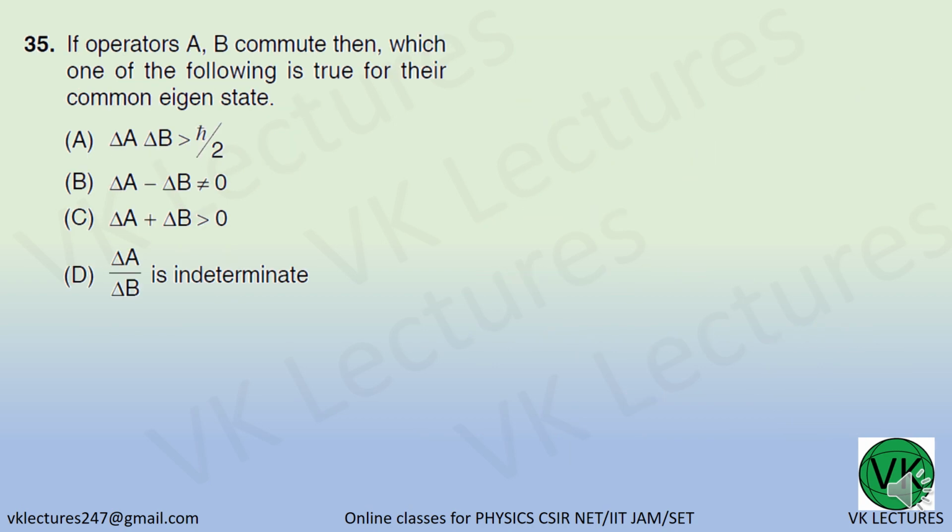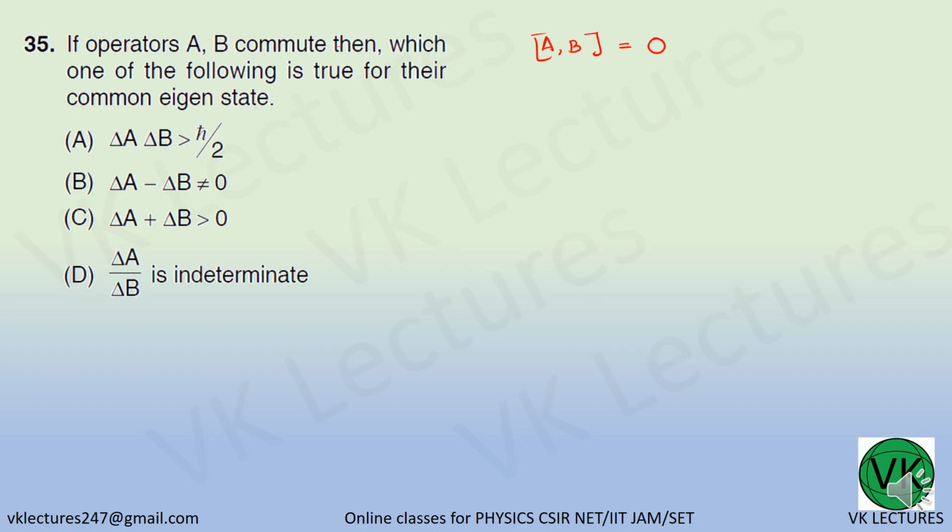If the operators A, B commute, then which of the following is true for their common eigenstate? Now let us see what we mean by commutation. So if A, B commute, then the value is 0.